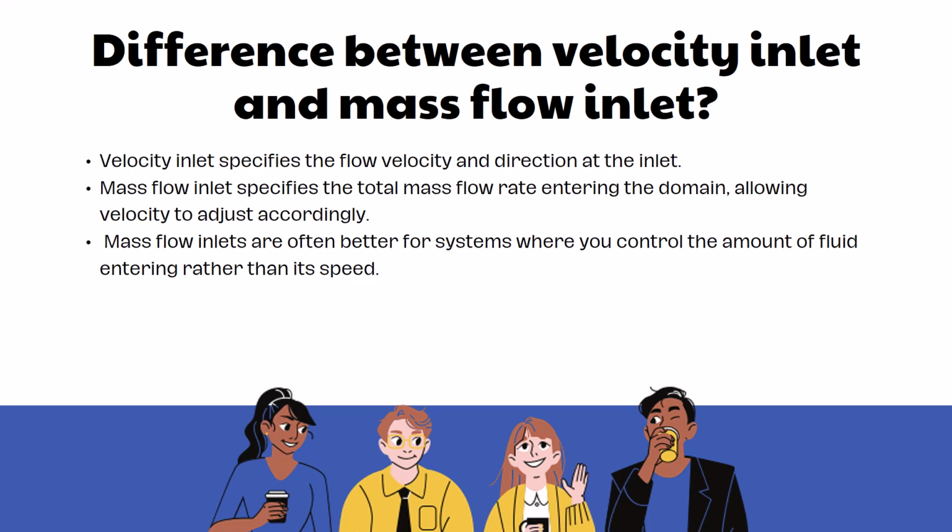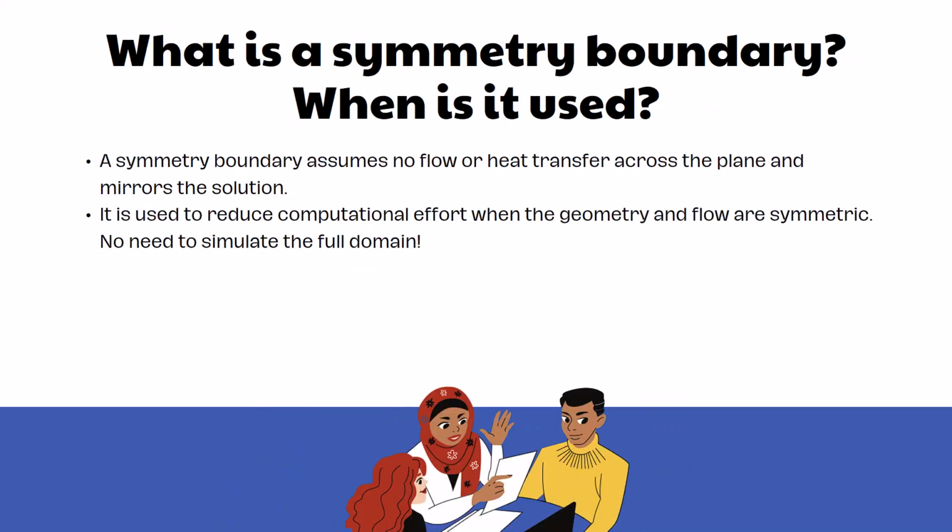So your velocity will be dependent on the area of your inlet. So mass flow inlets are often better for the system when you want to control the amount of fluid entering into the system. So that the fluid's velocity will be directly calculated based on this mass flow and the area of the inlet.